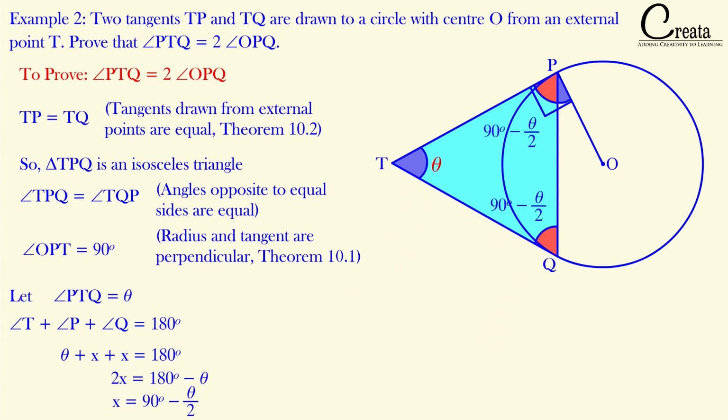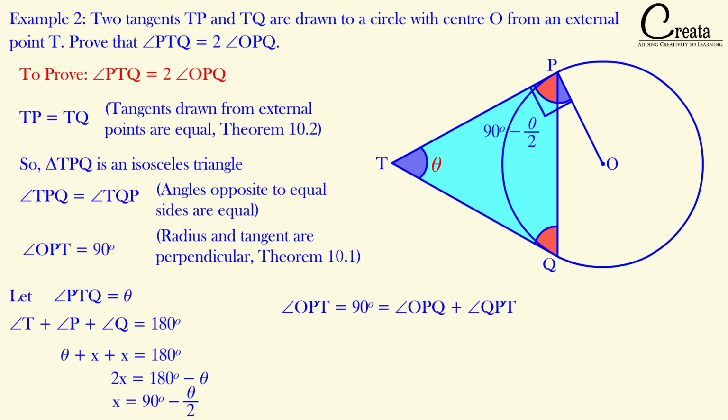For the time being, we need only angle P. Let's remove this angle Q. Further, we know this complete angle OPT is a 90 degree angle. The angle between the radius and tangent is 90 degrees, perpendicular to each other. And the angle OPT is composed of two angles, the angle OPQ and angle QPT. So angle OPQ plus angle QPT is equal to 90 degrees.